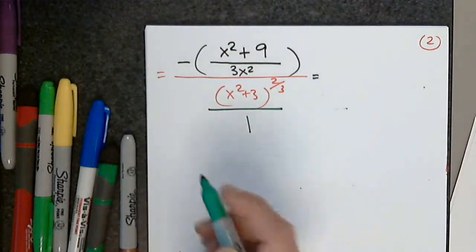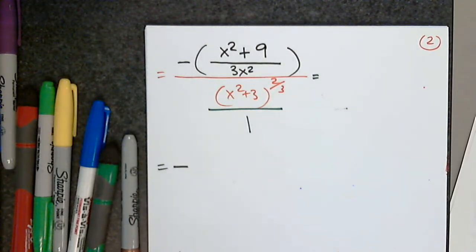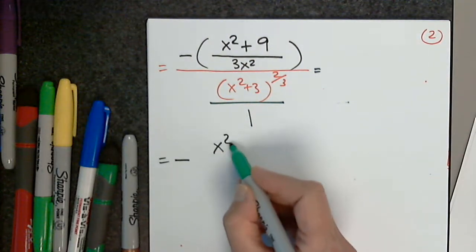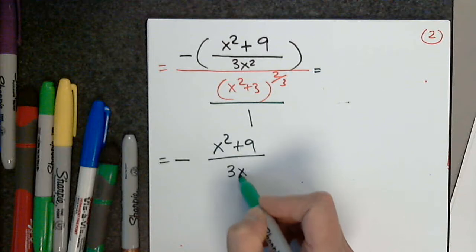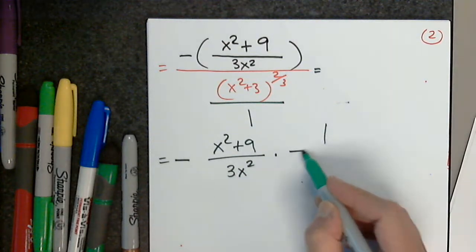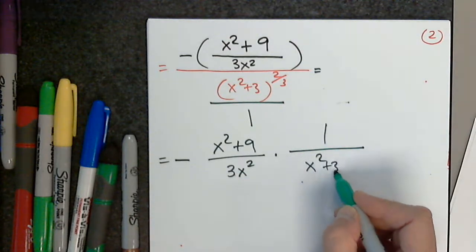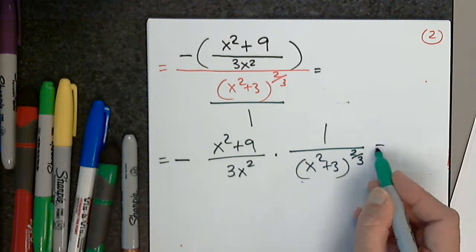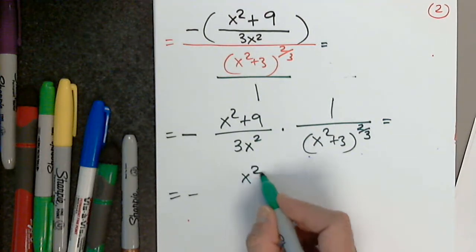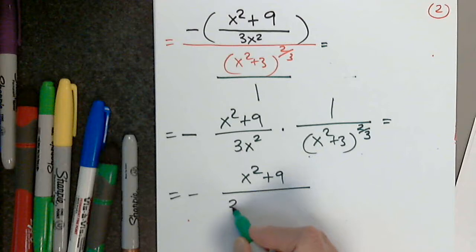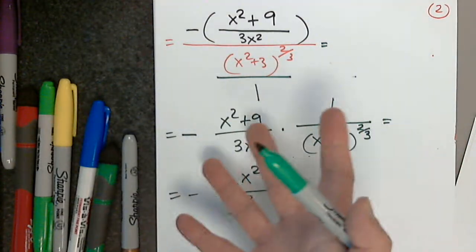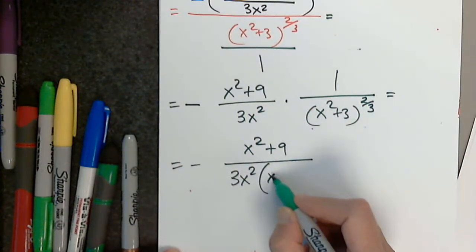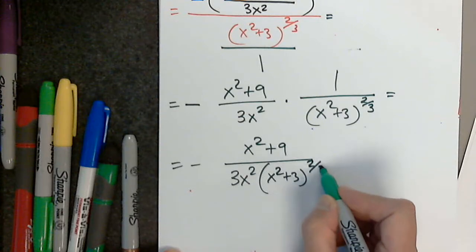So I have to put the minus in front now of the fraction line. I will have x squared plus 9 over 3x squared multiplied by 1 over x squared plus 3 to 2/3. And of course, this will become x squared plus 9 over 3x squared times x squared plus 3 to 2/3. I could have skipped this step. You can if you want to.